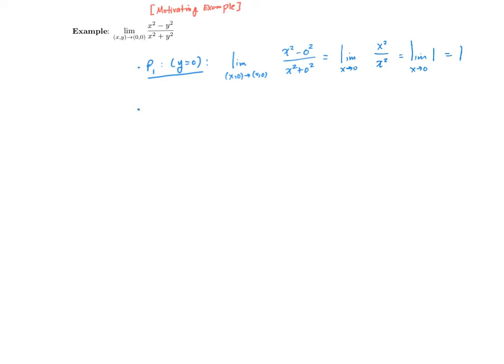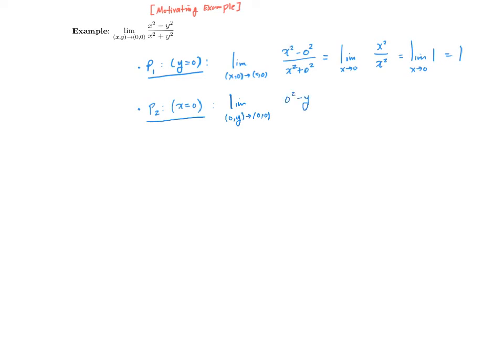Now let's consider a second path. Call it P2. And another kind of simple path to choose, since we're approaching the point (0, 0), would be just that vertical line, x equals 0, i.e. the y-axis. So along this path, we would have the limit as (0, y) approaches (0, 0). So now we want to look at the above limit and make each and every x a 0.